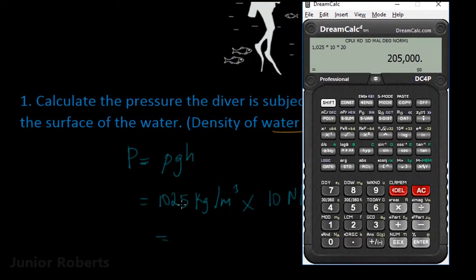So our pressure then will be 205,000 pascals, or we can say it's 205 kilopascals. Alright, so that's our answer there for the pressure that the diver is experiencing at 20 meters below the surface.